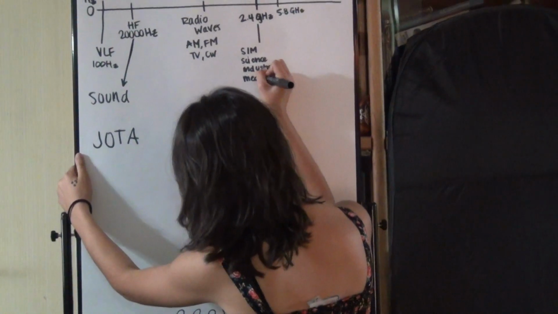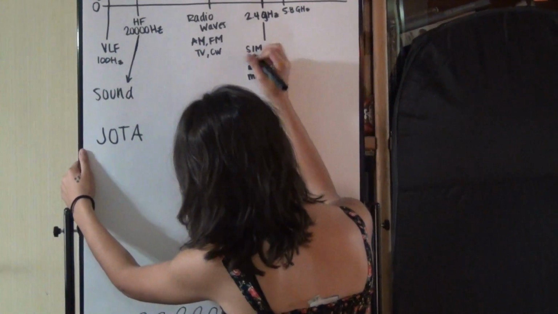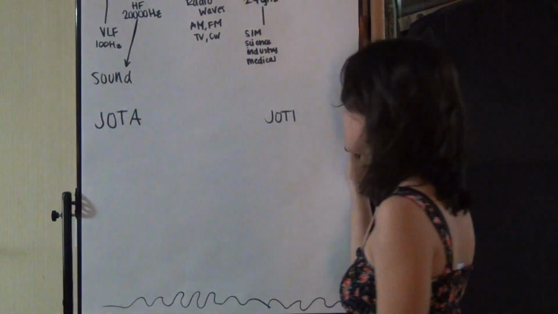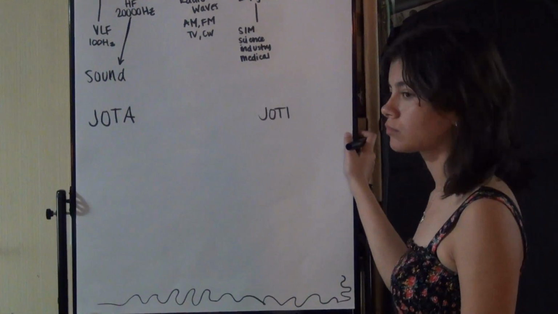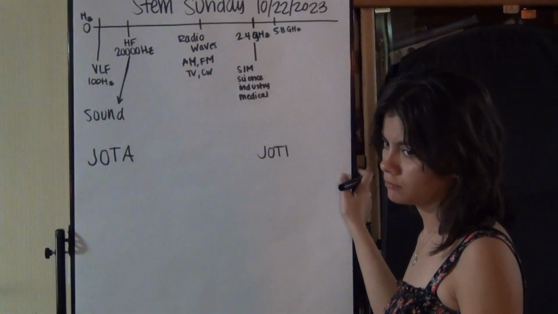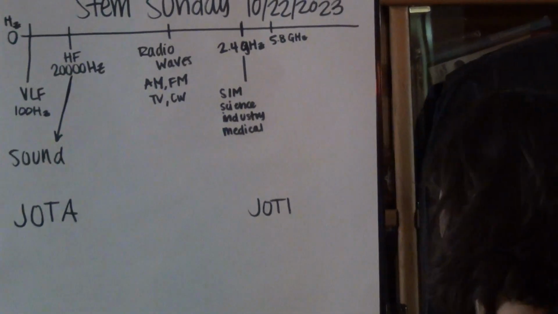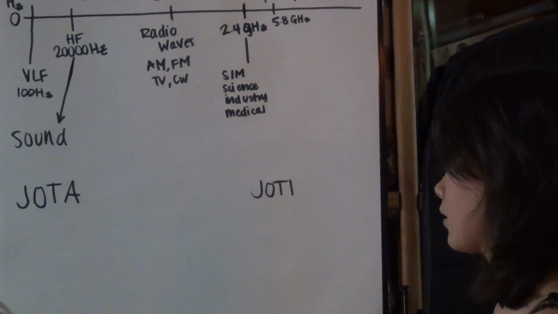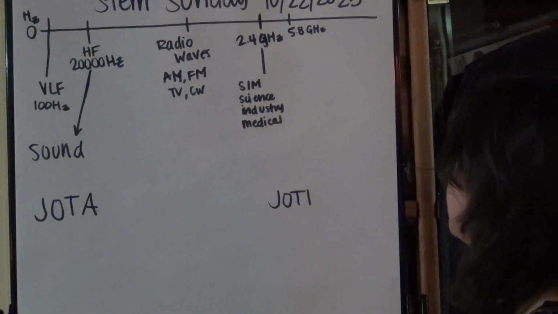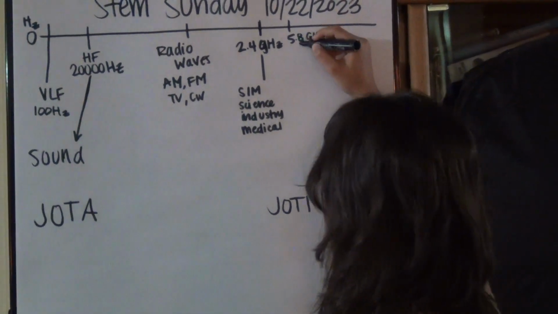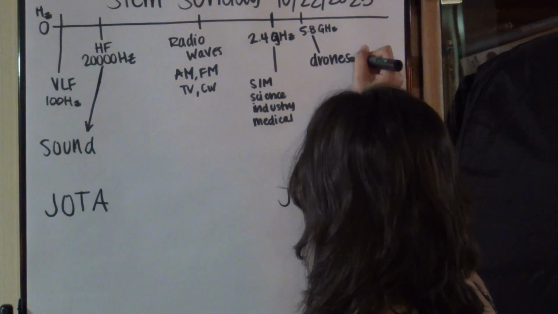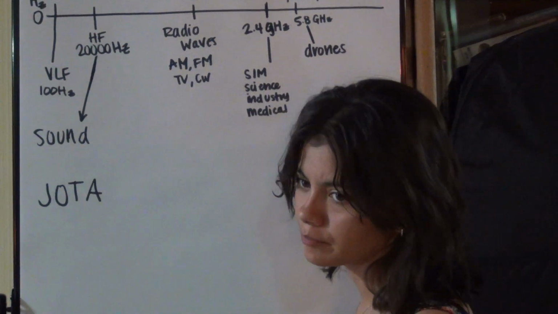So right now, we are out of space around the world on 2.4. Therefore, if you're going to fly a drone, more than likely, you're going to fly the drone with 5.8 and see the video. Draw a line down.